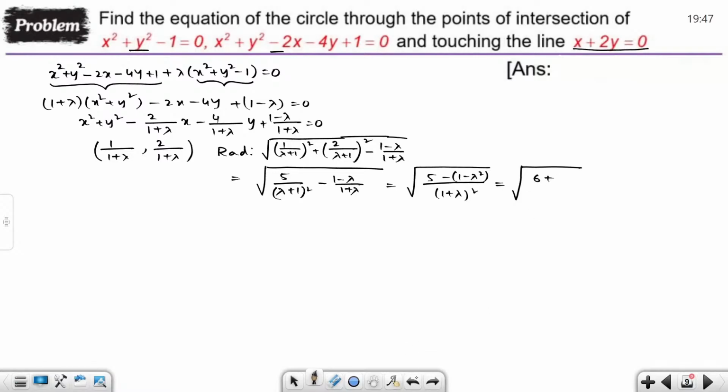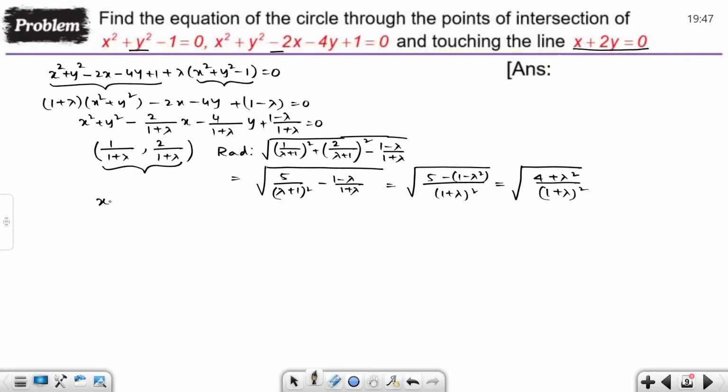Sorry, it will be 4. 4 plus lambda square divided by 1 plus lambda whole square. Am I correct or not? So this is your radius, right? And the center is this.